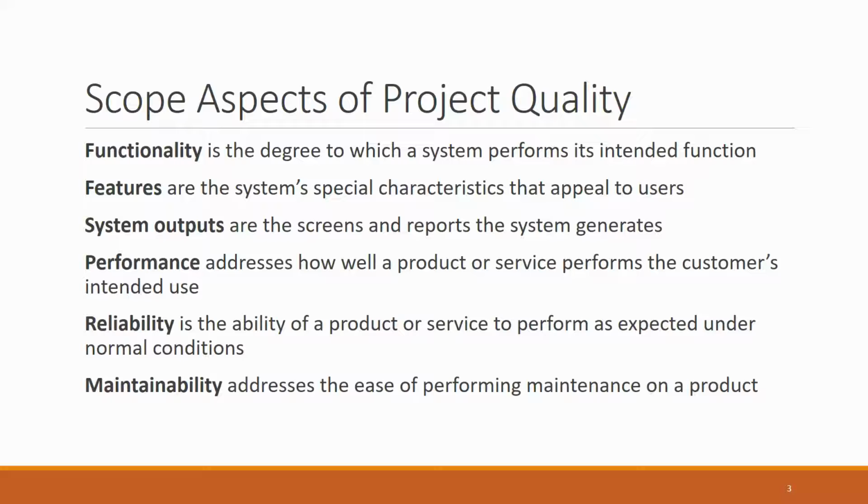Reliability. And let me go back to that one, because one of my favorite ones is pages will load fast. Well, no, it's not a measurement. You can't measure fast, because fast is subjective, and fast means different things to different people. Just the same as the system's output. The screens will be appealing. Well, what is appealing?